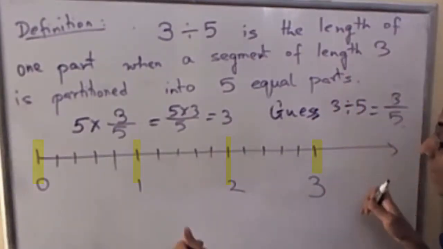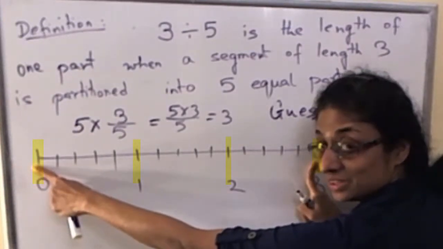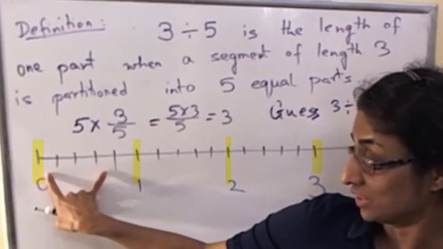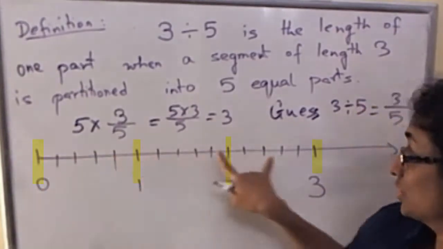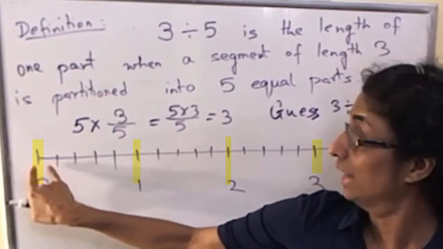So now I have this long segment of length 3. I can think of it as a concatenation of 15 segments, because I cut up each of these segments into 5 pieces. 15 small segments where the length of each piece is 1/5.